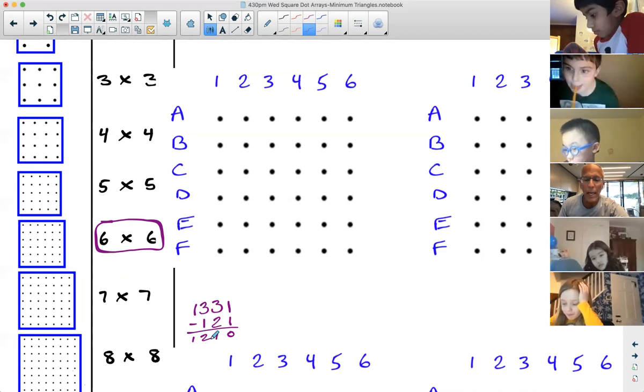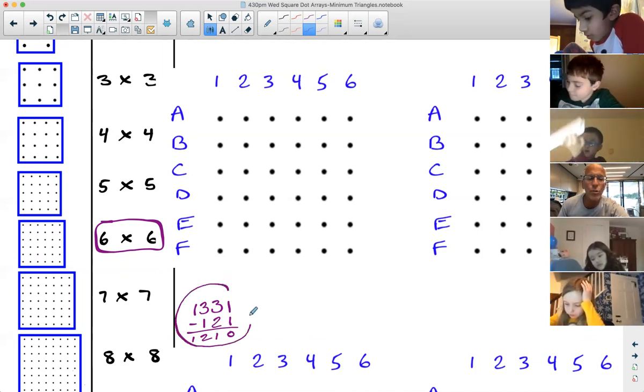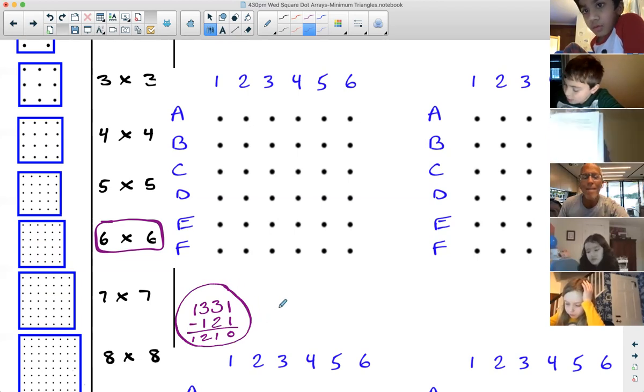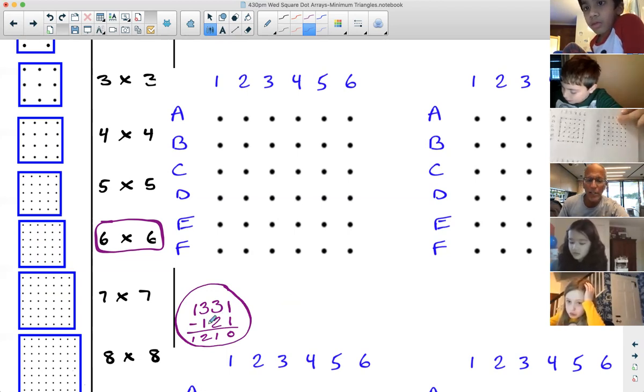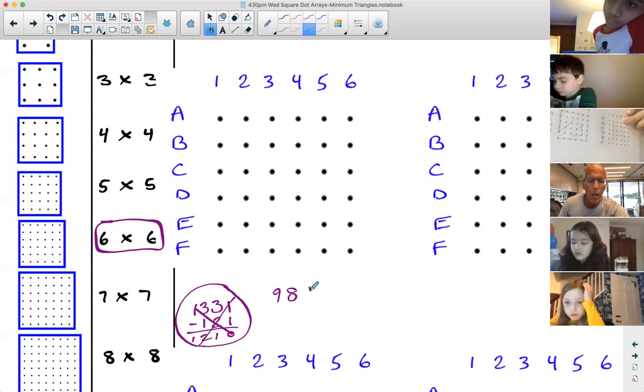Cool. Mr. Kramer, just so you know, Bayram, I left out a key piece of information. It only works with 3-digit palindromes. Ah, okay, because I tried a 4-digit and a 3-digit, and it did not work. So if you subtract a 3-digit palindrome from a 3-digit palindrome, it'll always equal a palindrome.